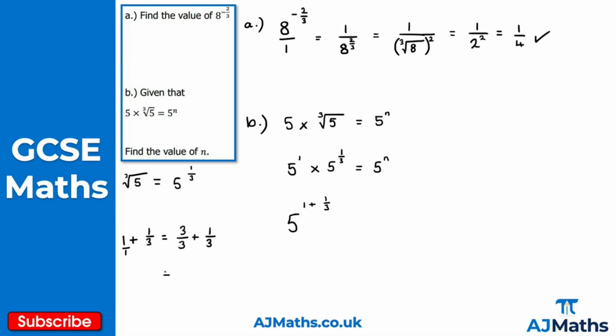And in that case, what I'm going to get here is 3 plus 1, giving us 4. And that'll be over 3. Okay. In that case, what I get here is 5 to the power of 4 over 3. Remember, what we're looking for here is n, which is this power. So therefore, n is equal to 4 over 3. Okay. And there we have it. So that's the solution to B.